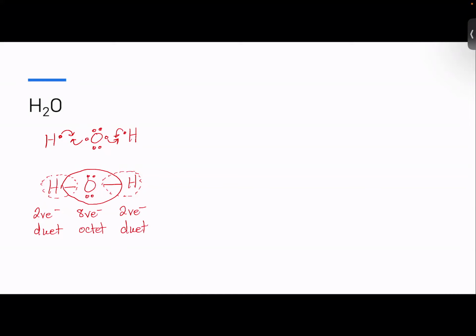So the structure that we typically draw for water is going to have 2 hydrogens with a single bond to an oxygen atom, and the oxygen atom is going to have 4 dots still remaining on it.